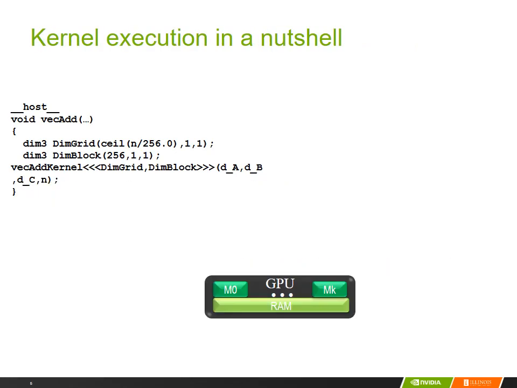So now we are ready to summarize the execution model behind the CUDA kernel launch and kernel execution. We see that on the left-hand side, we have a host code of vector addition that will be launching a kernel. And you have already seen the setting of the configuration parameters and the kernel launch statement.